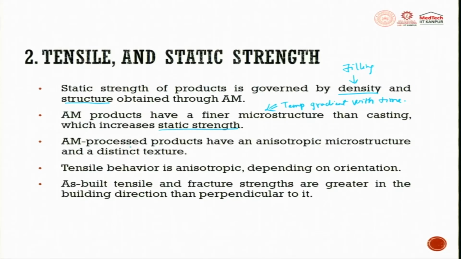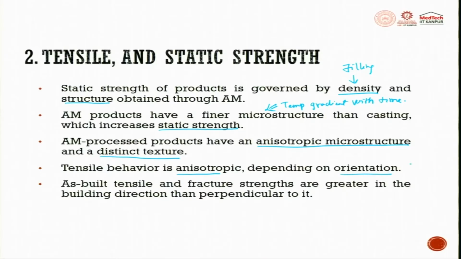Additive manufacturing processed products have an anisotropic microstructure and distinct texture. Texture and microstructure are 2 different things. These 2 play a very important role when you try to decide the mechanical properties. Tensile behavior is anisotropic depending on the orientation in which the part is built.